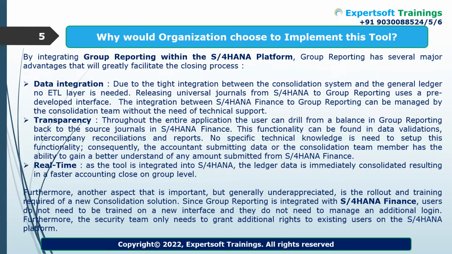I require the trial balances or GL balances, which are available in the universal journal, the table ACDOCA. Within the S4HANA instance, we take the data from ACDOCA and perform the consolidation in the group reporting module.